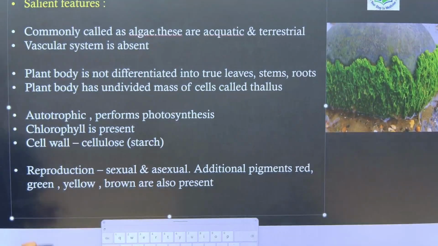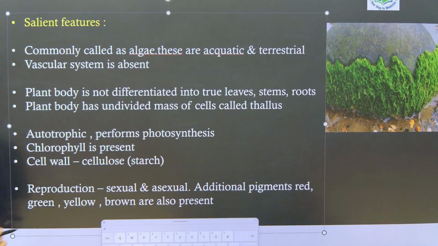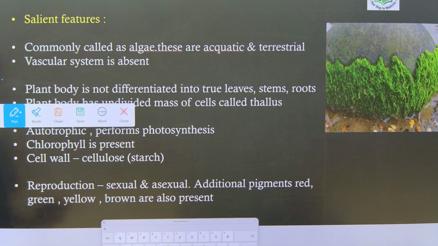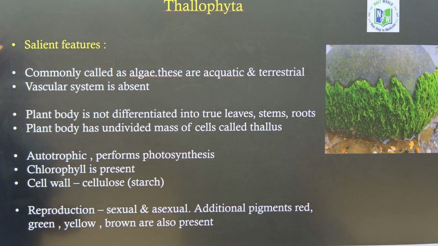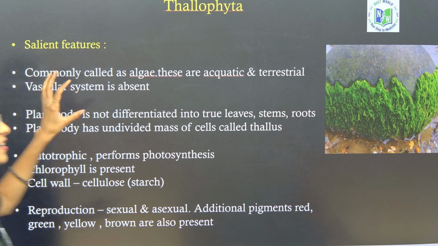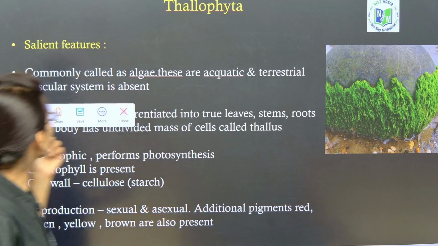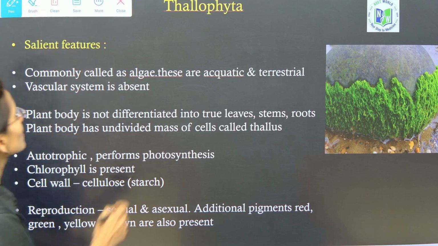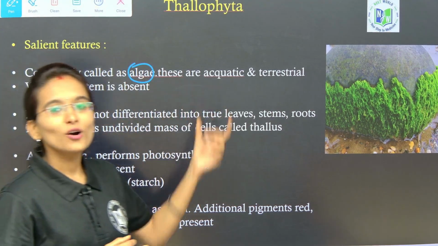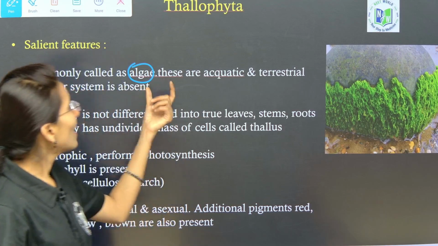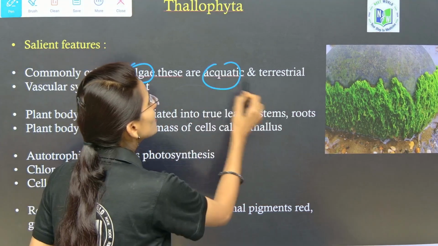So we will start with the general characteristic features of the Thallophytes, my dear students. Yes, look into this. Coming to the general characteristic features, these are commonly called algae. The Thallophytes are commonly called algae and these are aquatic and terrestrial.